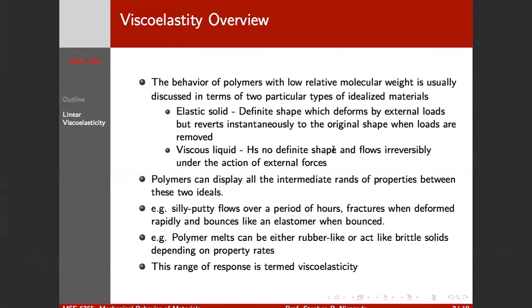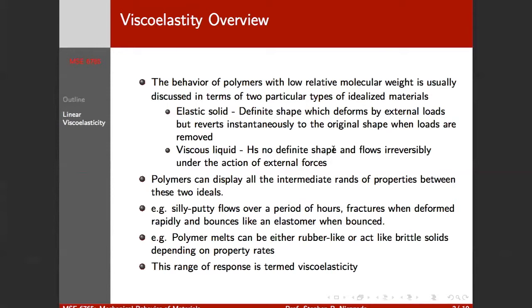So that means the response of the material depends on the time scale at which the load is applied. An instantaneous load that doesn't give time for rearrangements, you act like an elastic solid. Slowly applied load, you act like a viscous liquid.